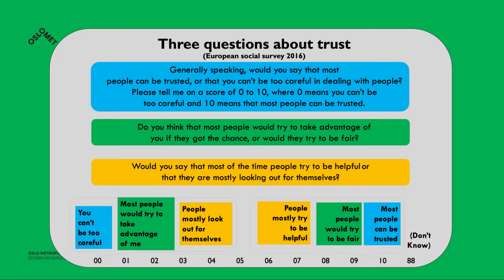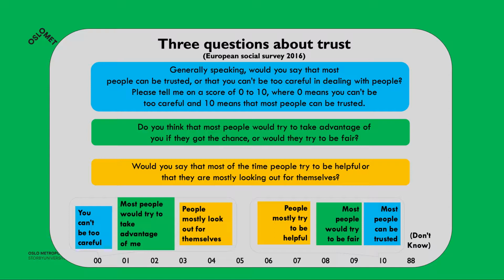Let's look at three questions about trust from the European Social Survey 2016. Generally speaking, would you say that most people can be trusted, or that you can't be too careful in dealing with people? Please tell me on a score of 0 to 10, where 0 means that you can't be too careful, and 10 means that most people can be trusted.